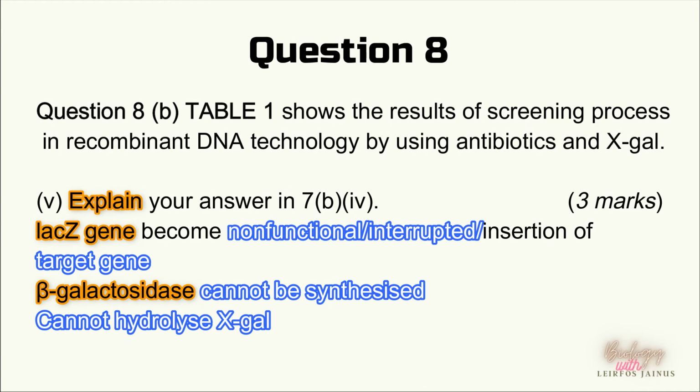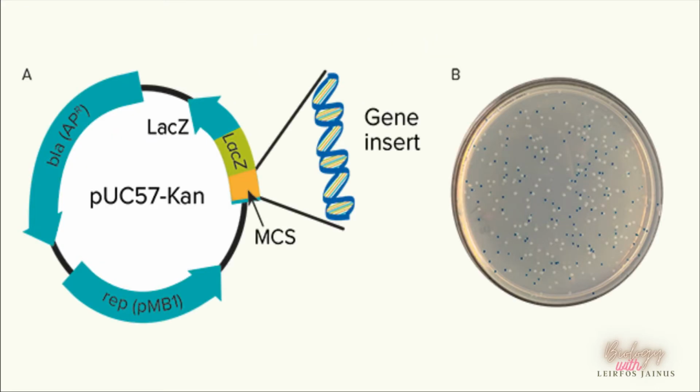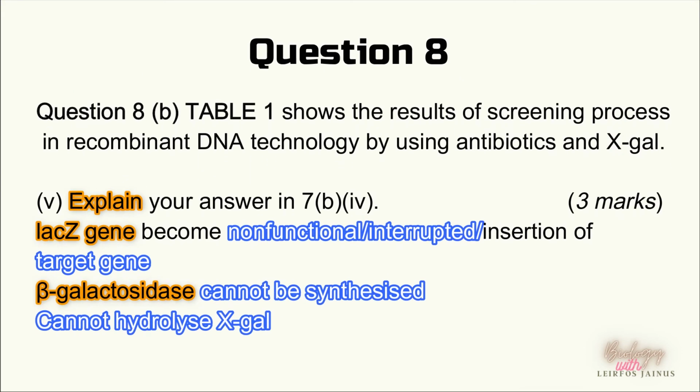The target gene is inserted into the multiple cloning site of the plasmid that will interrupt or replace the LacZ gene to become non-functional. So the LacZ gene is not able to code for the enzyme beta-galactosidase, and the bacteria will be unable to hydrolyze the X-gal. This will form white colonies bacteria.